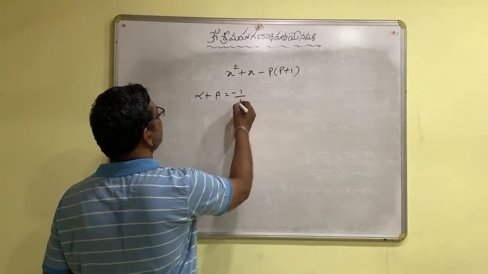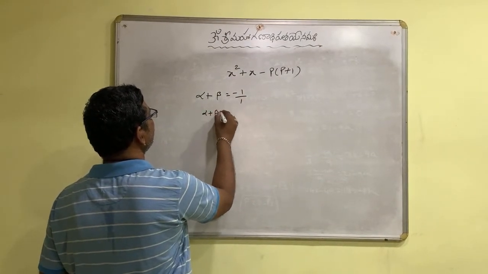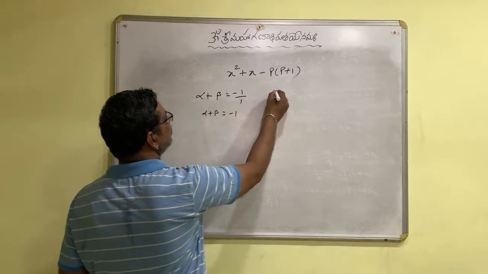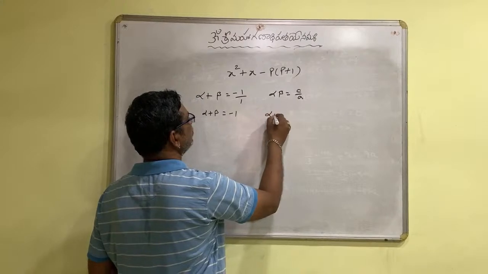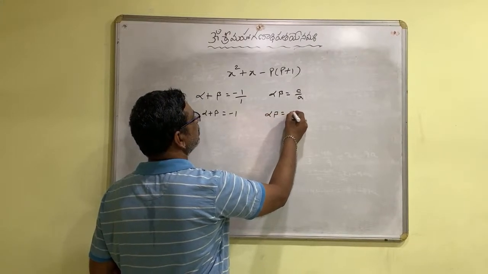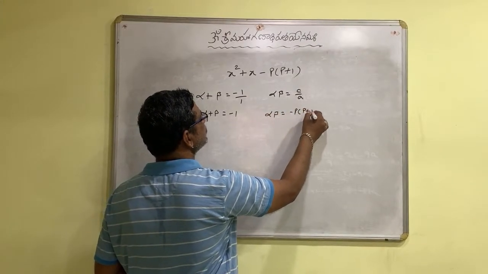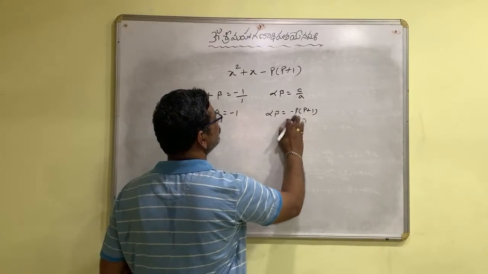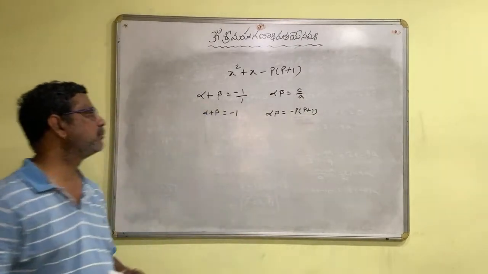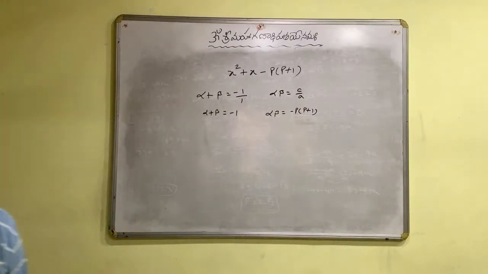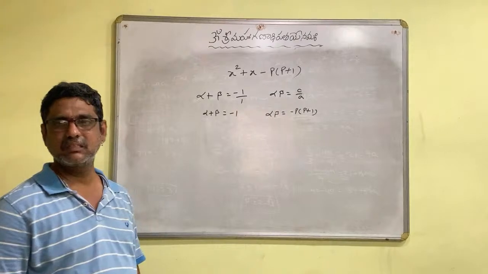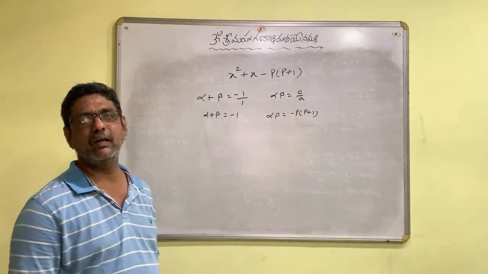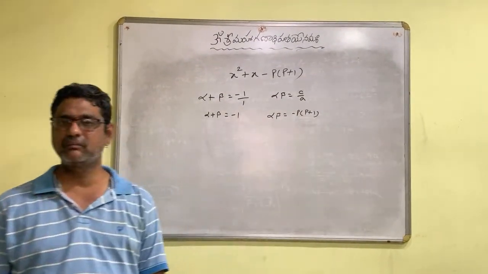Minus b by a, which is minus 1. Alpha beta is c by a, minus p times of p plus 1 by 1, which is nothing but negative p times of p plus 1. Now we need to search for two numbers whose sum is minus 1 and product is this one.